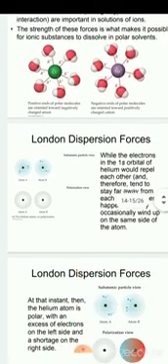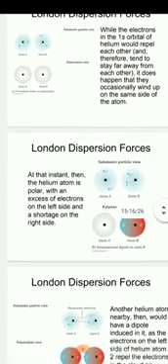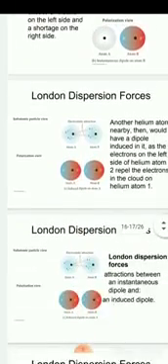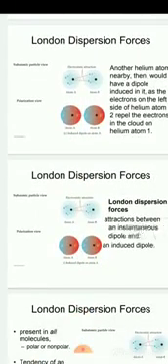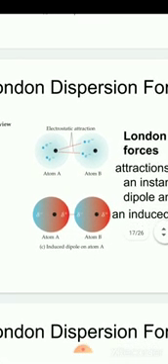And next is London dispersion force. This is present between non-polar molecules like noble gases, and non-polar molecules like O2, N2 and chlorine. As the London dispersion force is very weak, non-polar molecules have lower boiling points. This is the explanation of how London dispersion force arises. Why is it called dispersion?